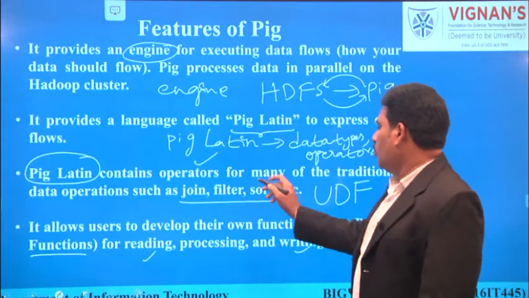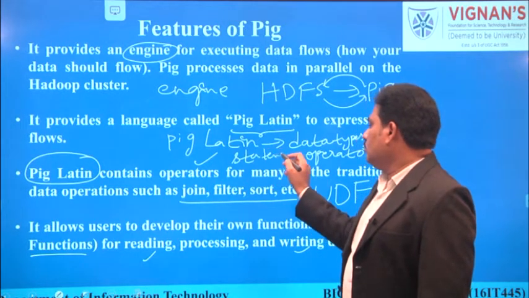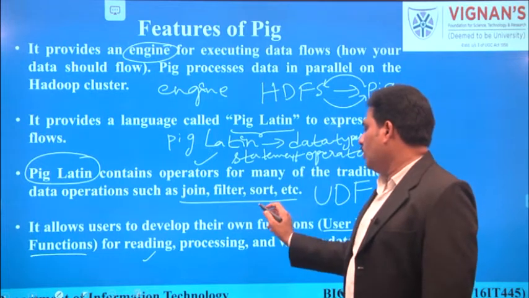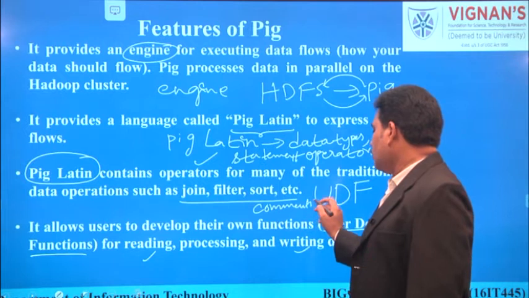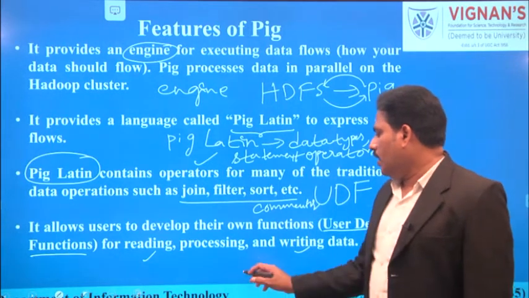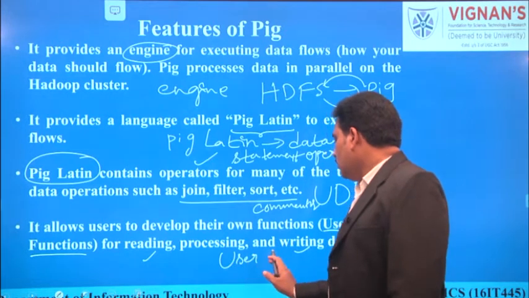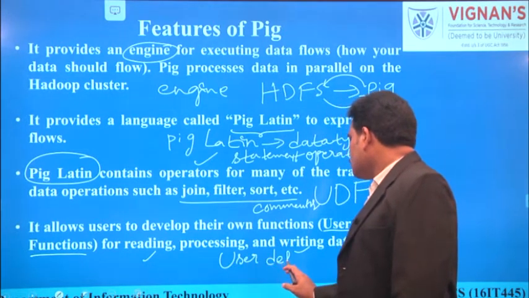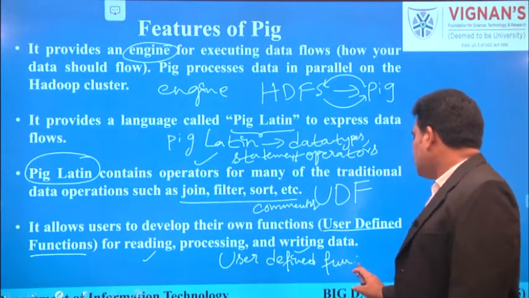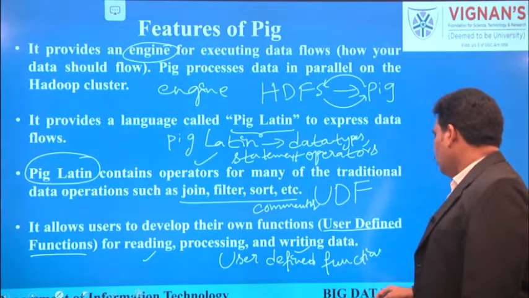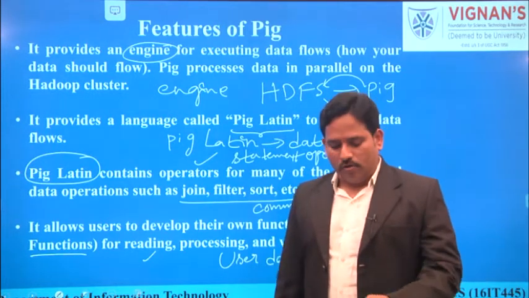We can also declare statements, and we can write comments in the Pig Latin environment. Pig Latin also provides user defined functions to complete read and write operations in the Pig environment. So these are the basic features of the Pig environment.